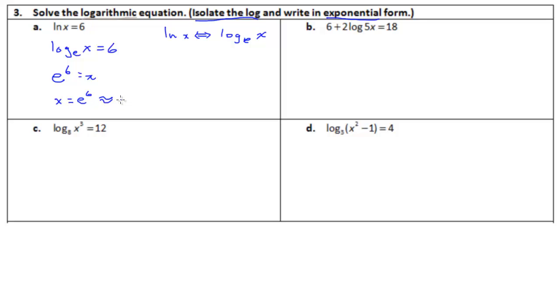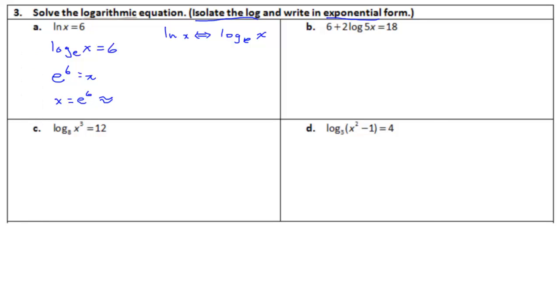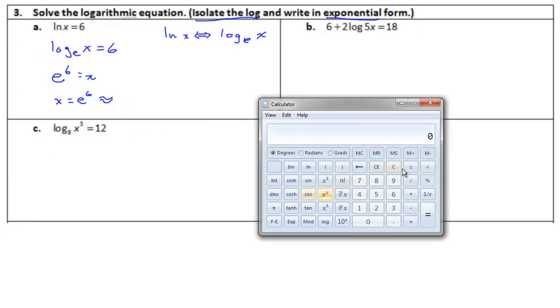If we want to know what that is approximately, let's pull up a calculator and see what that is. e, and I think it's on here somewhere.